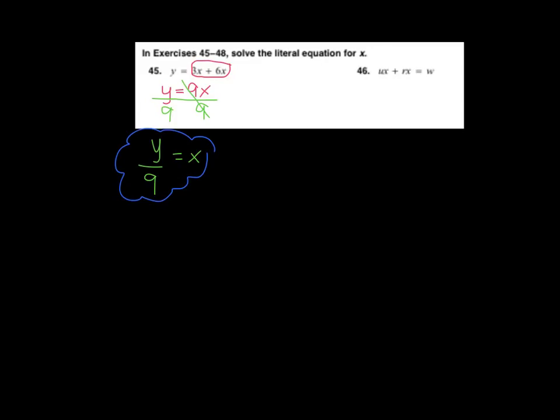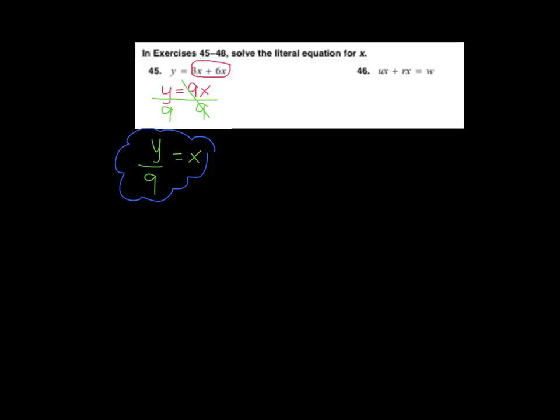Alright, so looking at number 46, this is something that we talked about for 2 days, and that was what happens when you're trying to isolate x, but x is actually with 2 different terms in your equation. Now these are not like terms because ux can't be added to rx because they don't have the same variables.